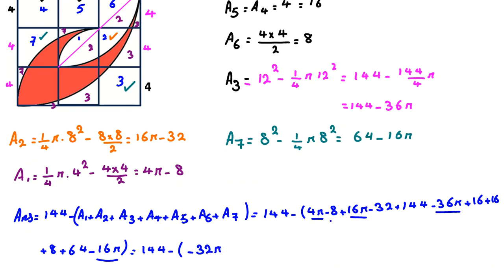Now the constant terms. Negative 8 minus 32 is minus 40. Plus 144, 104. Plus 16, 120. 136. 144. 204. And 208.